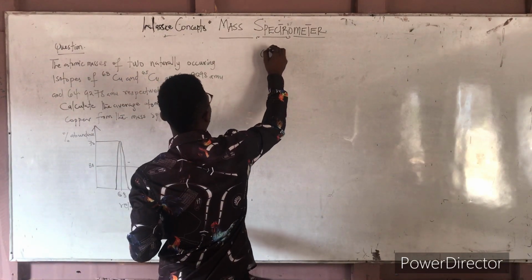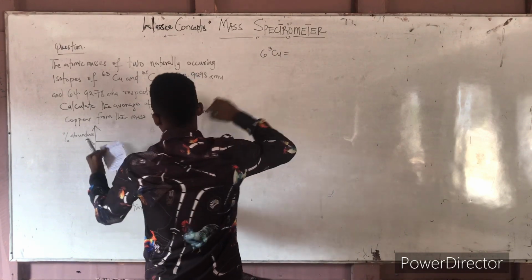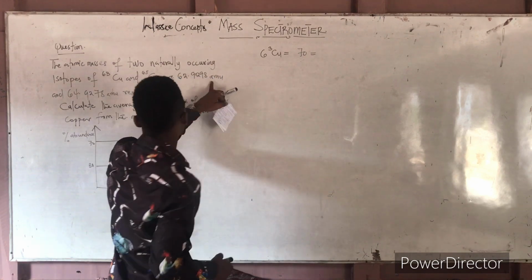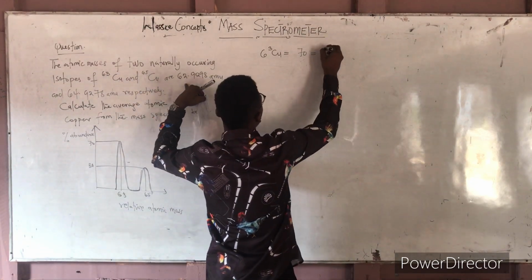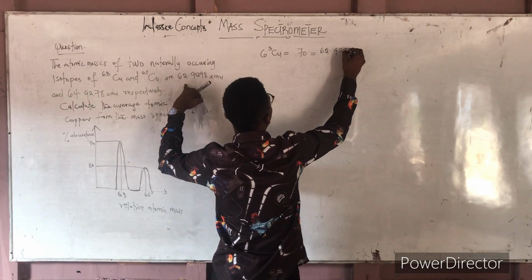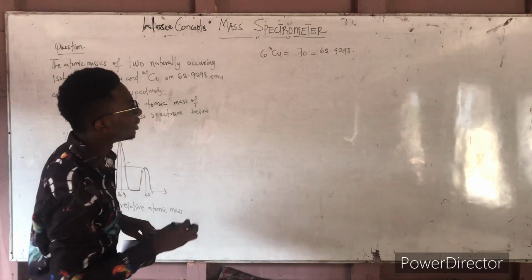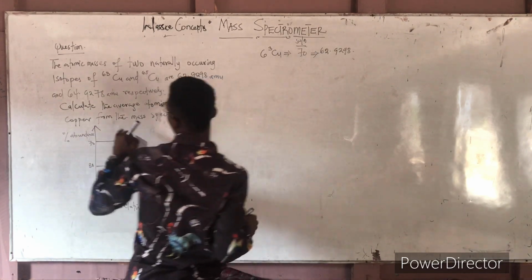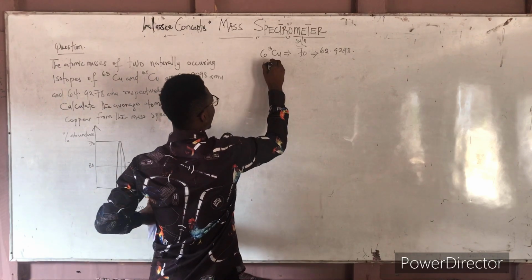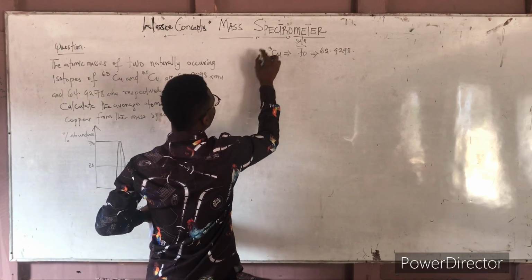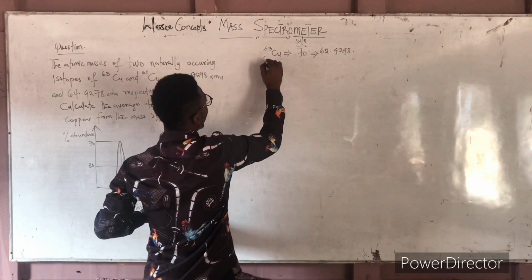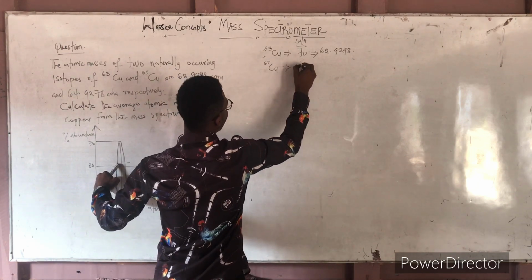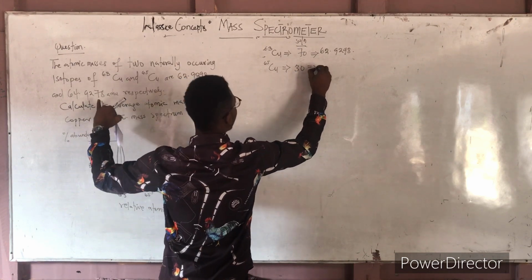For the 63 copper, it has a percentage abundance of 70 and an atomic mass unit of 62.9298. If you are solving a question, make sure you get your parameters down. The 65 copper isotope has a percentage abundance of 30 and an atomic mass unit of 64.9278.